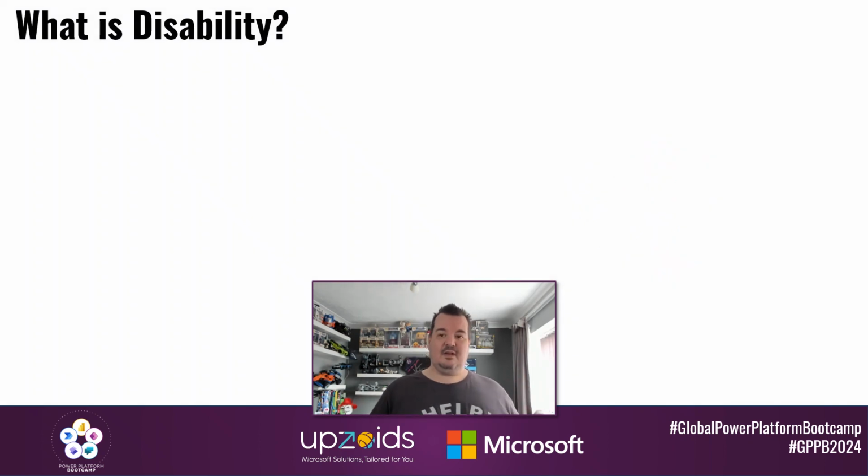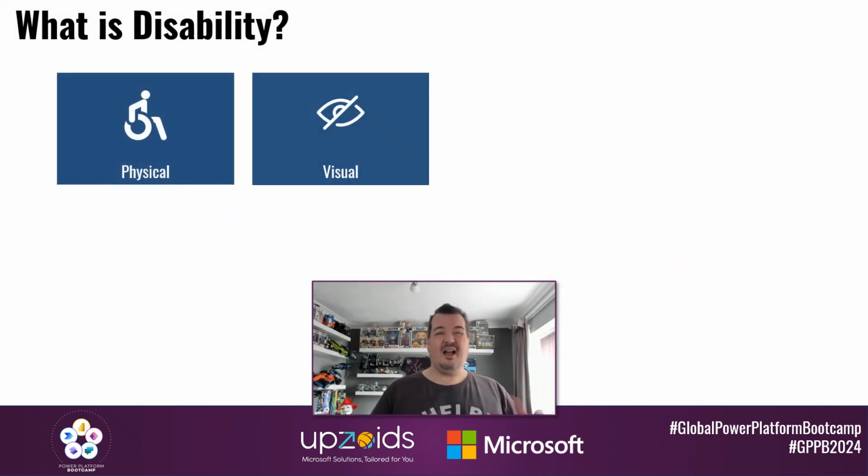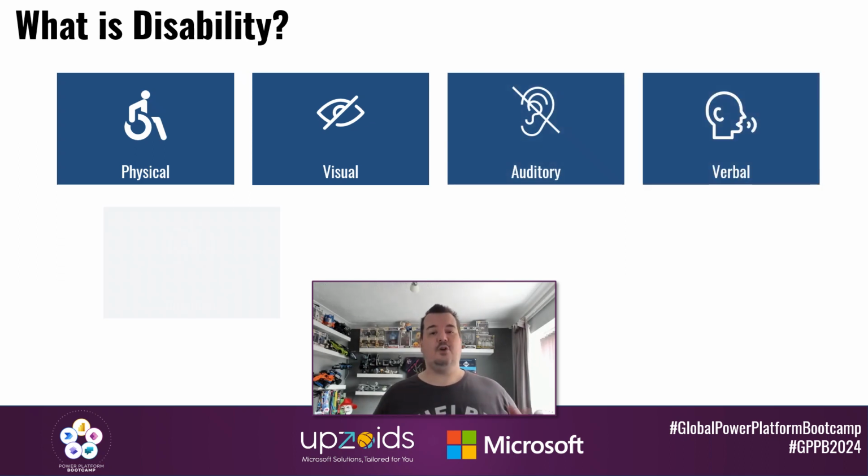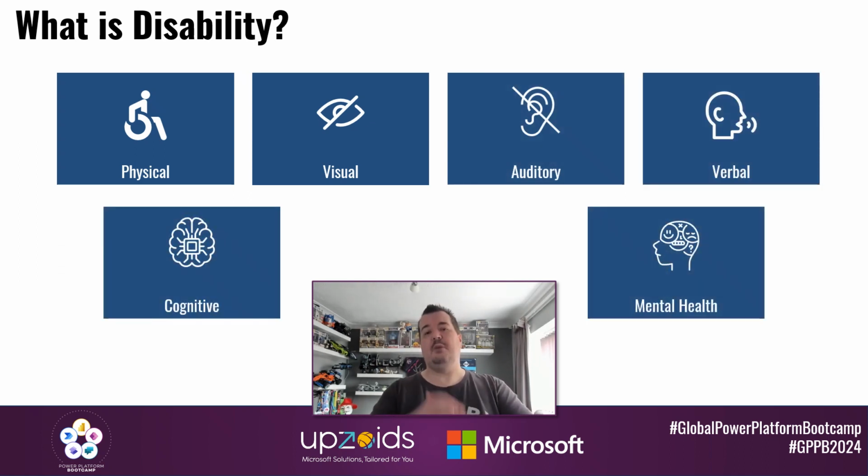Disability itself gets broken down into 6 categories. You've got your physical, and this is the one that most people tend to think of when you say I'm disabled. You've got your visual disabilities, not just blindness, but what you may know as colour blindness, or colour vision deficiency and other visual impairments.